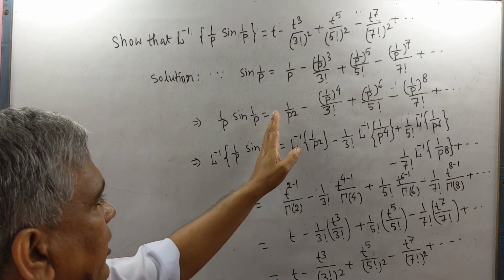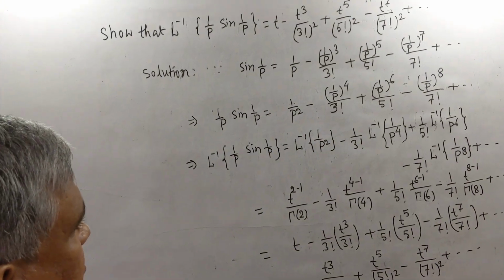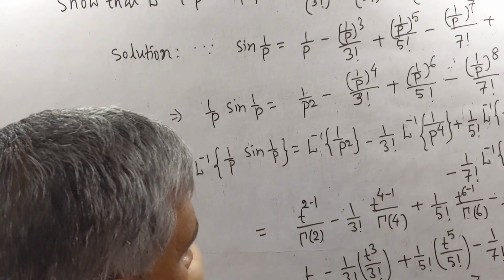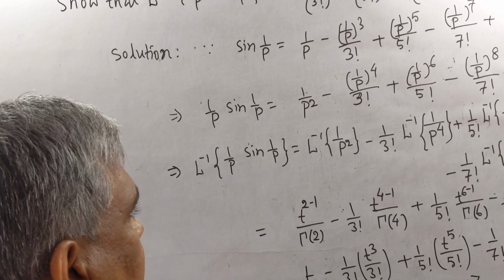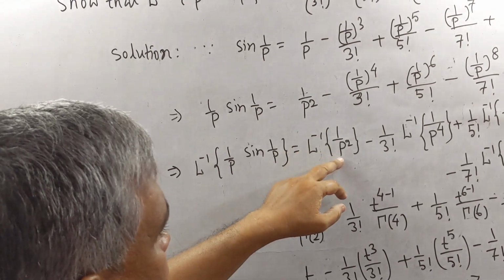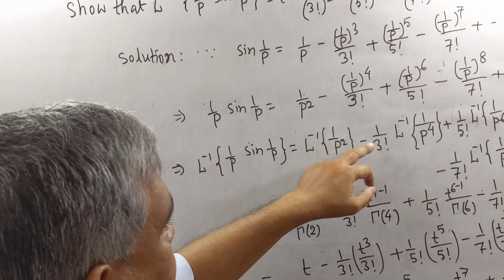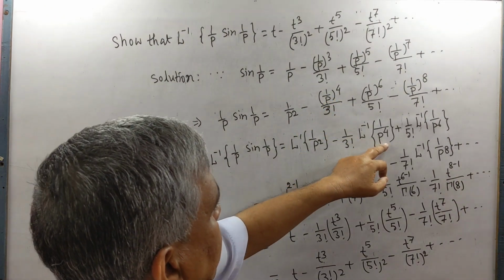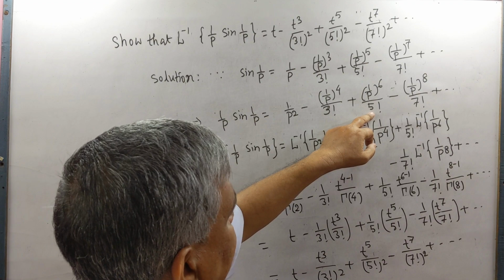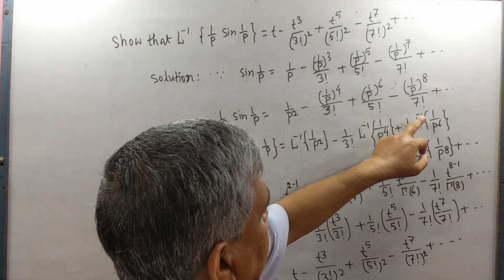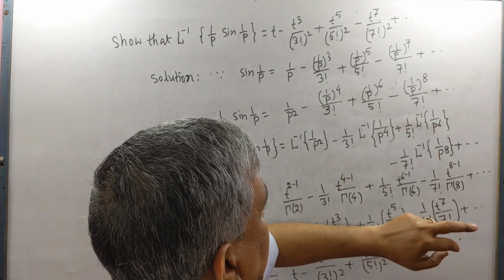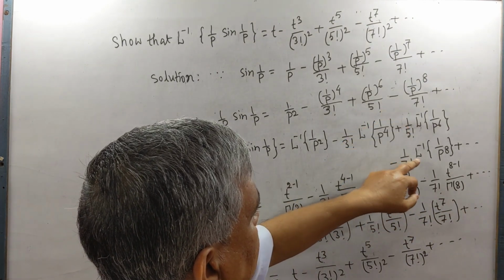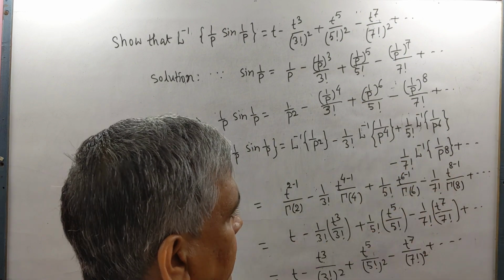On the right side we apply the linear transformation property. So L inverse 1 by p square, minus 1 by factorial 3 outside, L inverse 1 by p to the power 4, 1 by factorial 5 outside, L inverse 1 by p to the power 6, minus 1 by factorial 7 outside, L inverse 1 by p to the power 8, and so on.